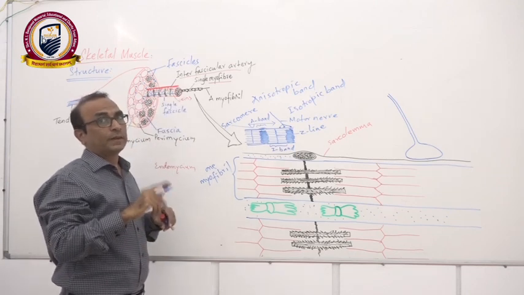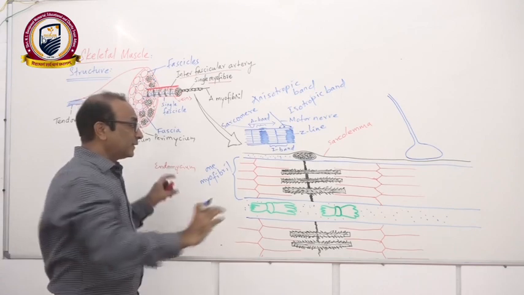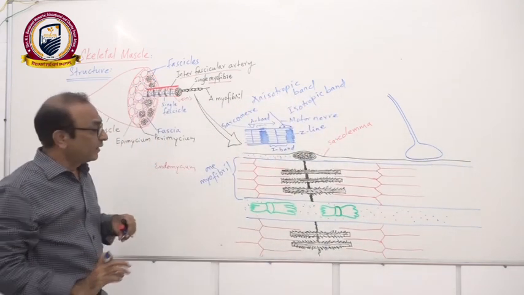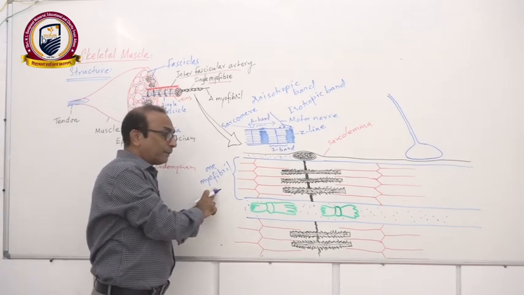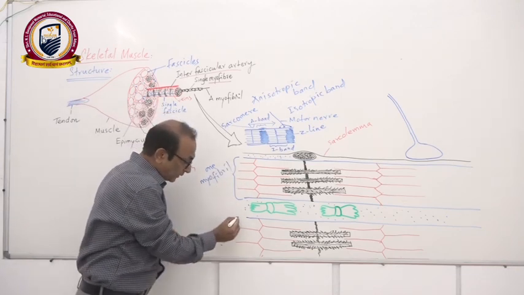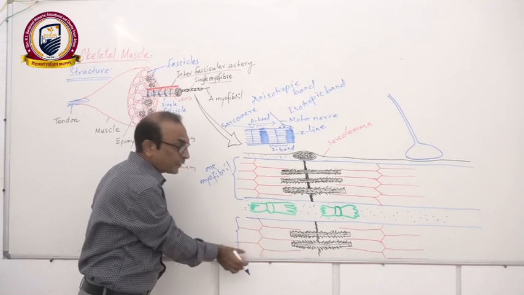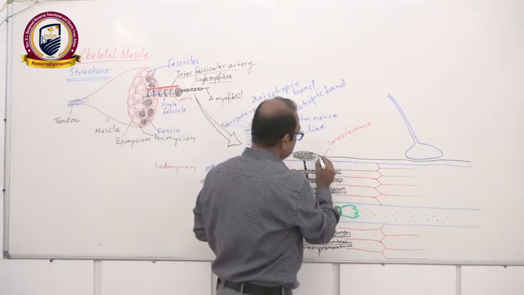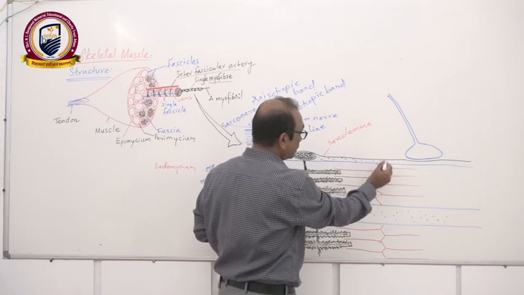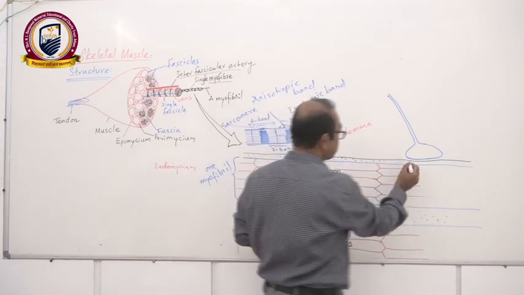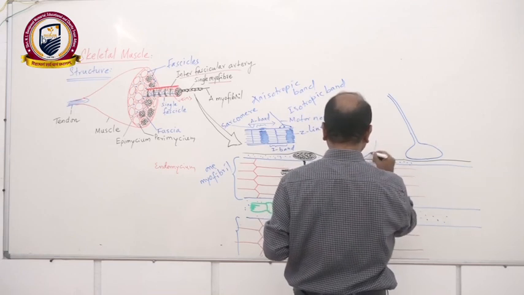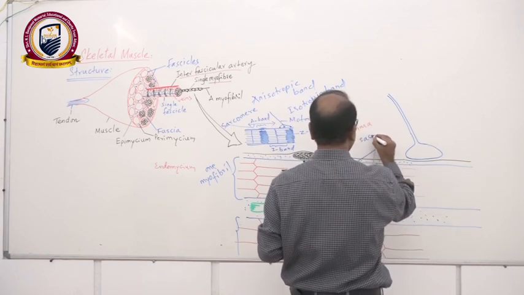Inside the myofiber, there are long contractile elements containing the contractile proteins. They are called myofibrils. So this is one myofibril, another myofibril starting from here down like that. And in between you have this cytoplasm over here. The cytoplasm of the muscle cell is called sarcoplasm.